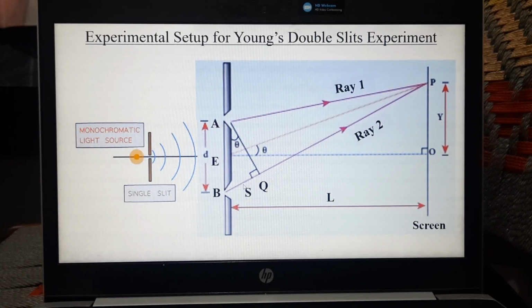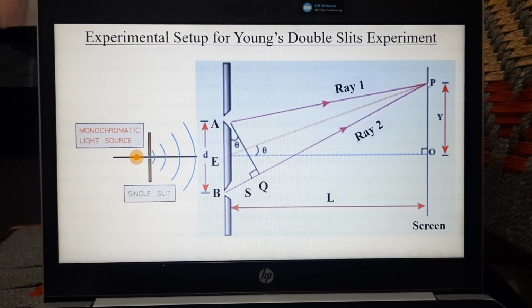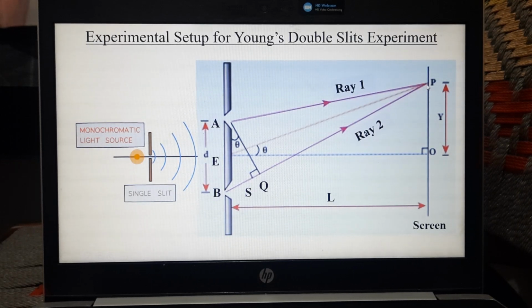Now we know that if this path difference is an integral multiple of the wavelength, then point P will be a bright spot, constructive interference, and if this path difference is a half integral multiple of the wavelength, then point P will be a dark point.